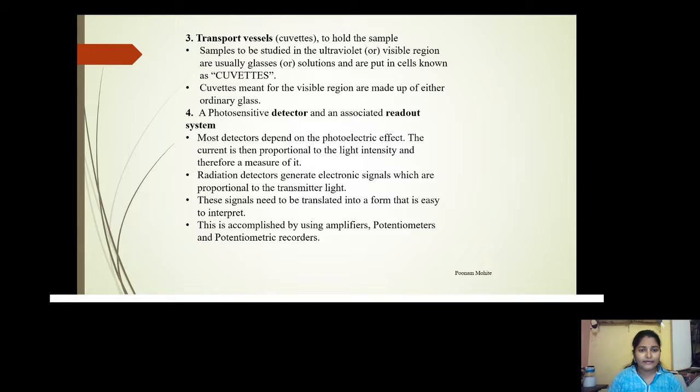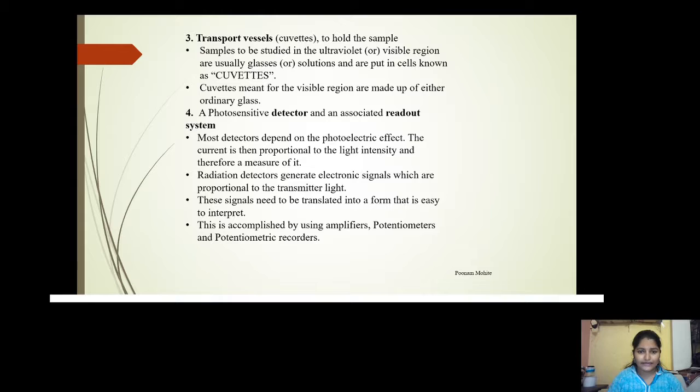The next essential part of this instrumentation is the detector and the readout device, a photosensitive detector and an associated readout device system. Most detectors depend on the photoelectric effect. The current is then proportional to the light intensity and therefore a measure of it.